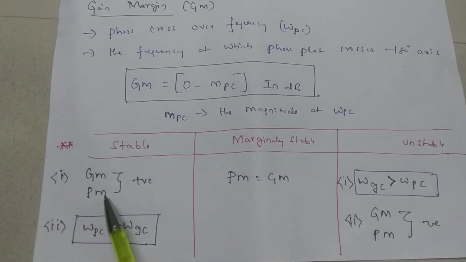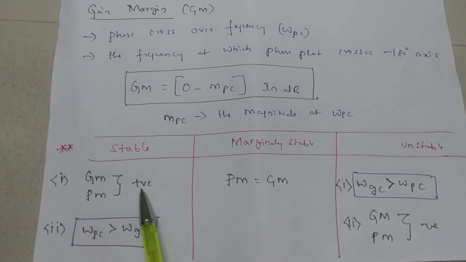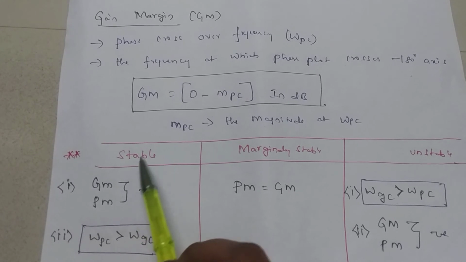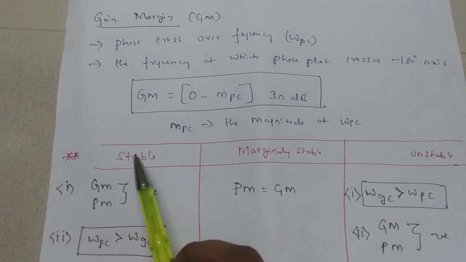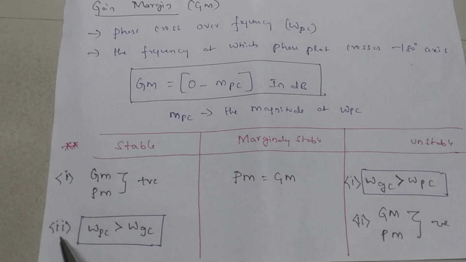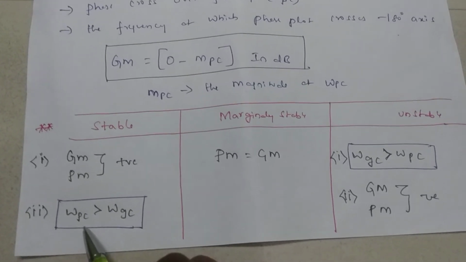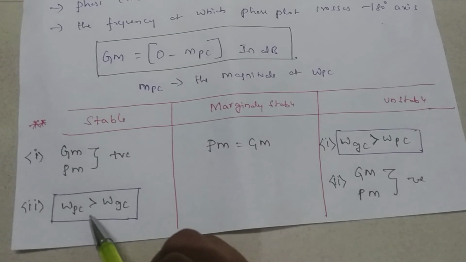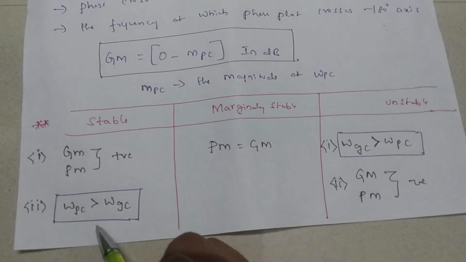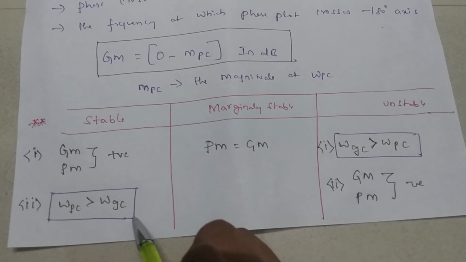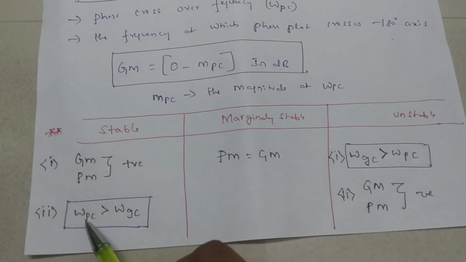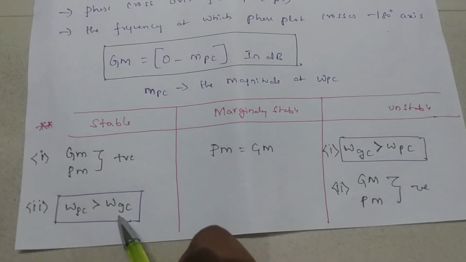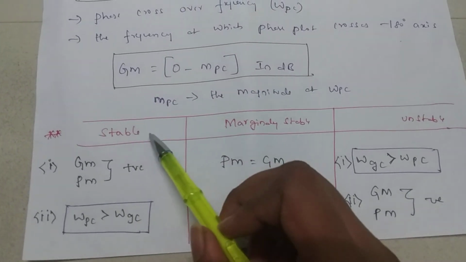When gain margin and phase margin are positive, we consider it a stable system. Similarly, the second condition is omega PC, the phase crossover frequency, being greater than the gain crossover frequency. If the phase crossover frequency is greater than the gain crossover frequency, it is a stable system.